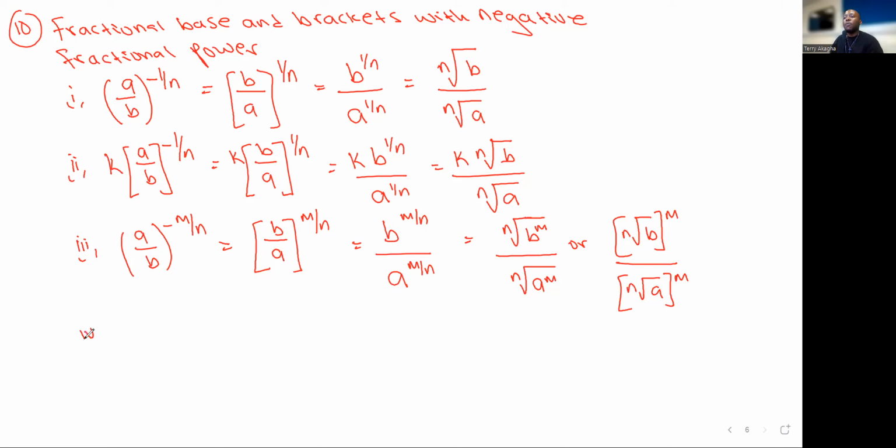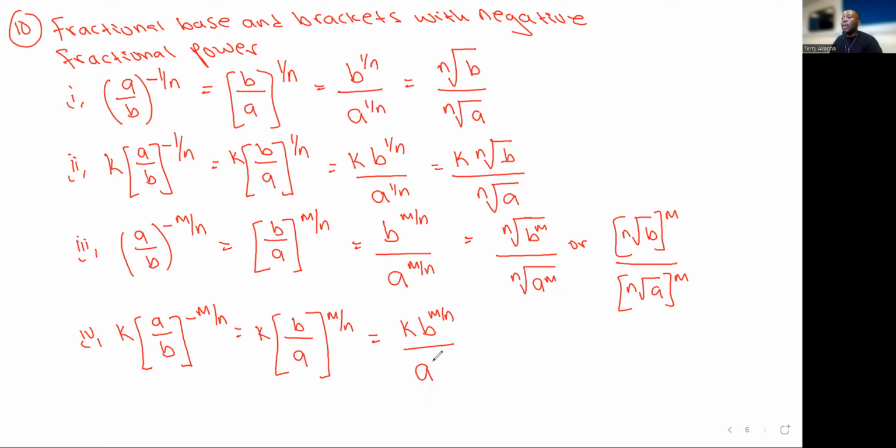Then number 4, if we have a constant, we have K times (A over B) raised to power minus M over N. So the constant will multiply everything. Then you flip this to remove the minus. It's the same thing, but we just have the constant added to it. Then it's going to be K, B^(M/N) over A^(M/N).